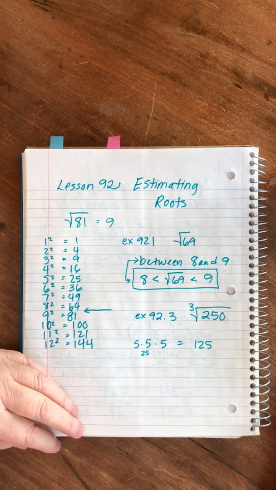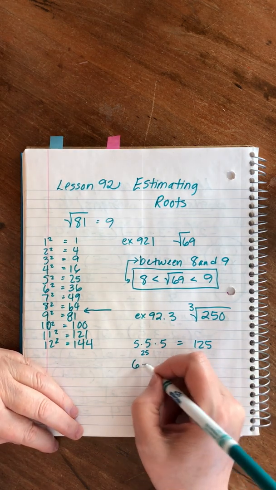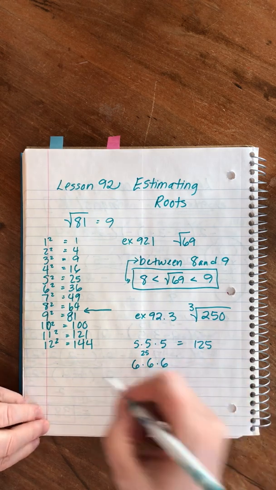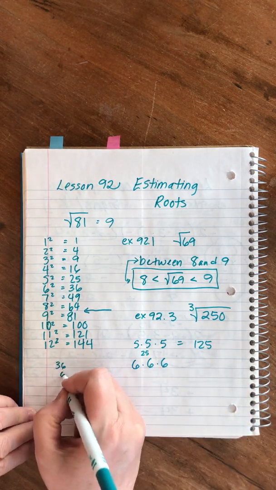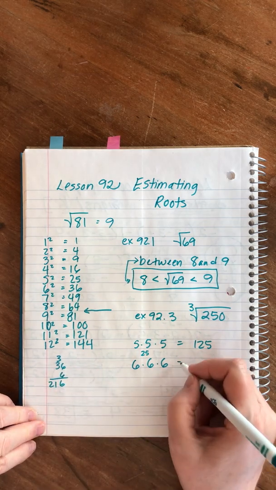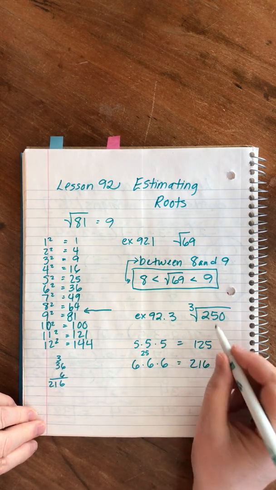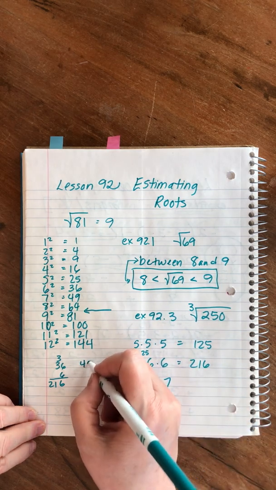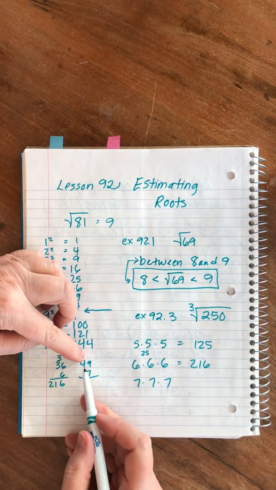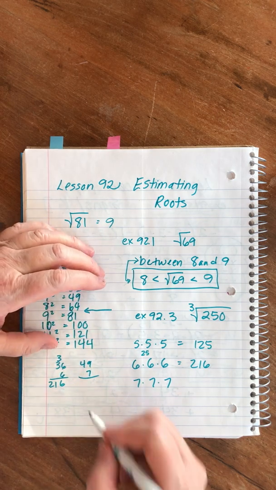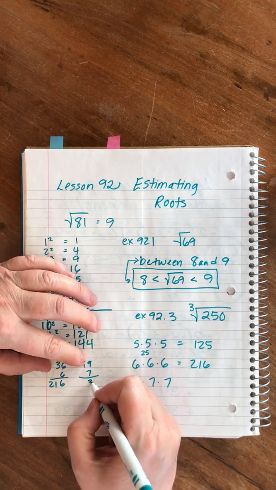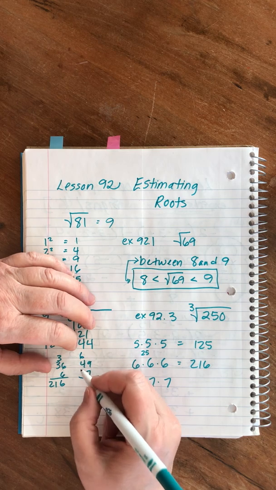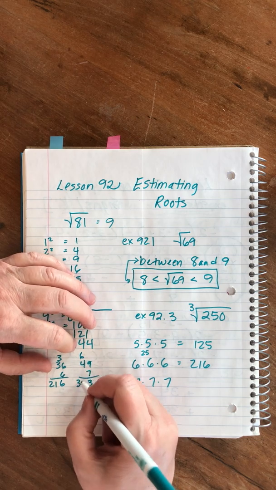So how about 6? 6 times 6 times 6, that's 36 times 6. I'll do the math over here. 216. Okay, we're still too low, but we're getting closer. Let's try the 7s. 49 times 7. I'm just taking the square of 7 and multiplying it by another 7 to make it cubed. This is 343.